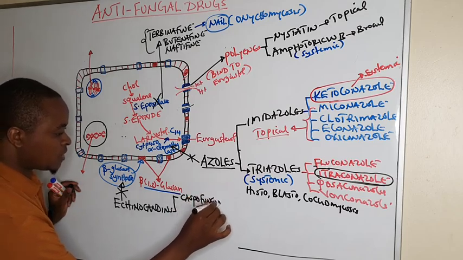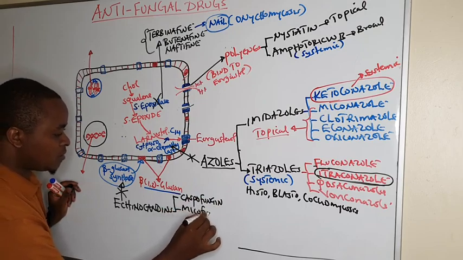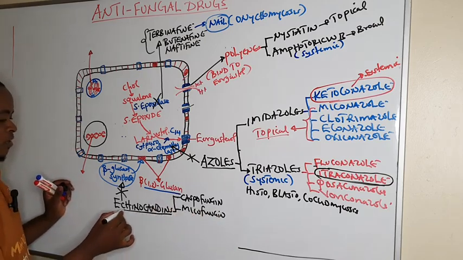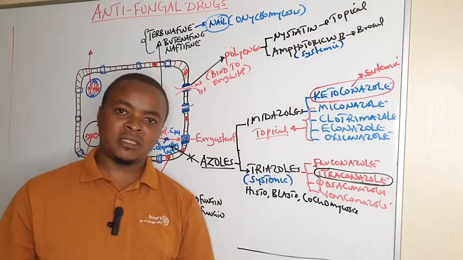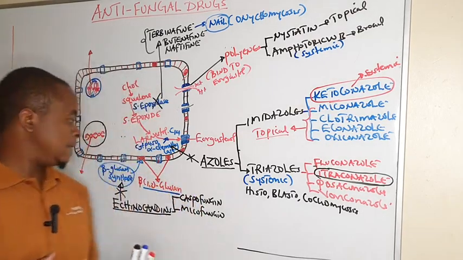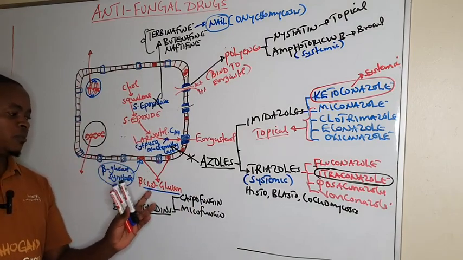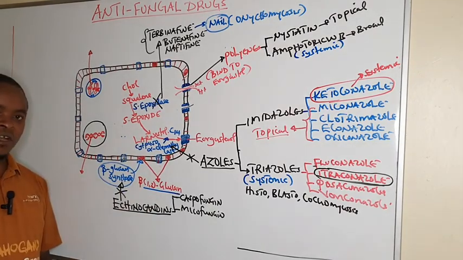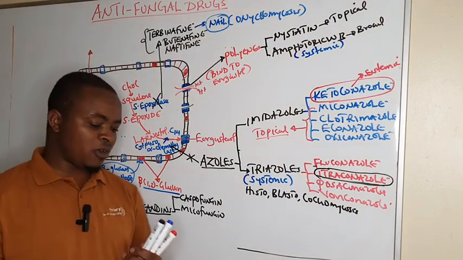They end with the suffix fungin. We have micafungin. These are drugs which are echinocandins, and they act by inhibiting beta-glucan synthase, hence leading to lack of the beta-glucans in the cell wall, leading to fungal death. So these are some of the examples, the caspofungin and the micafungin.